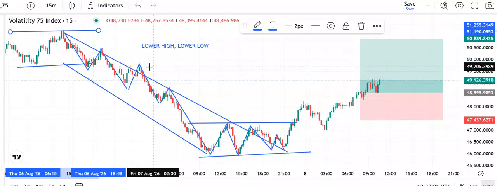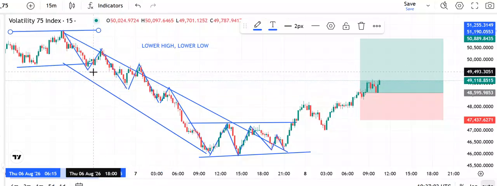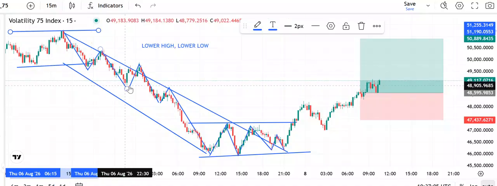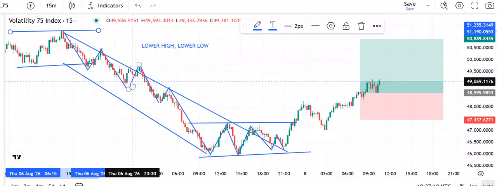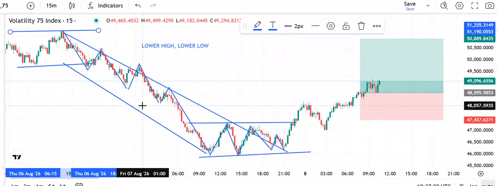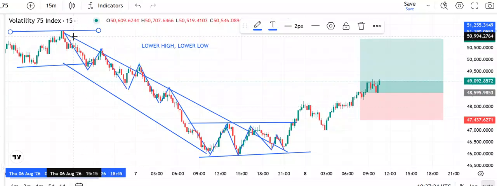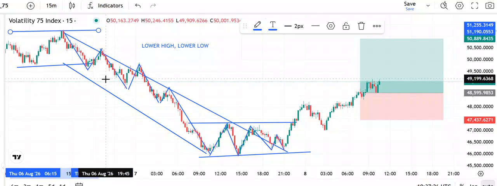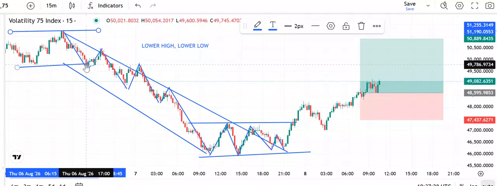Now, if you enter sell at any point here, since you have a breakout, what will be your stop loss? What will be your take profit? Now, to get your stop loss, you can enter at any point, but as price breaks out, there's a pullback.